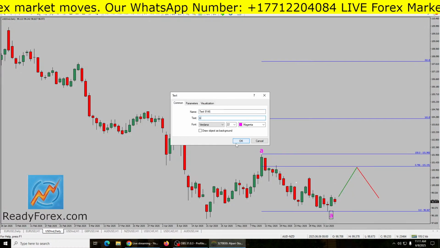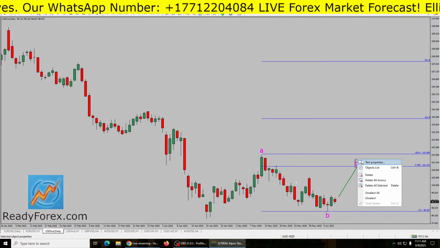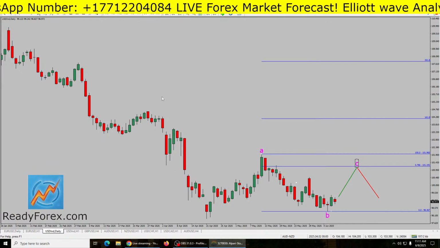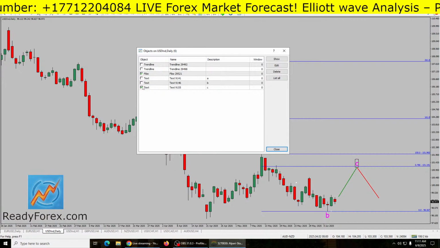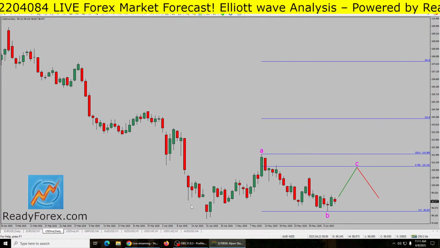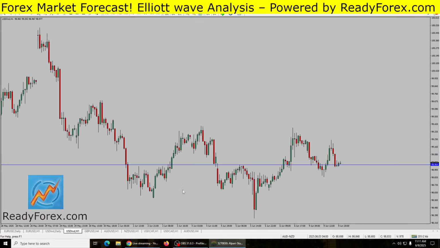Now maybe this wave B isn't over, and expect a bullish wave C leg. So this is the United States dollar index, the DX forecast.